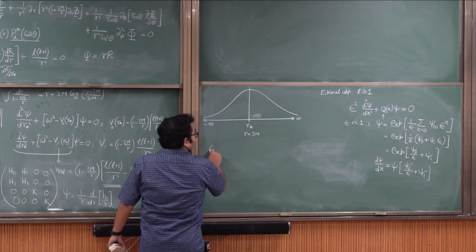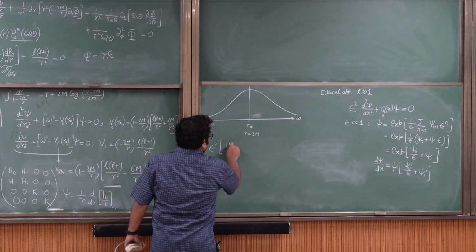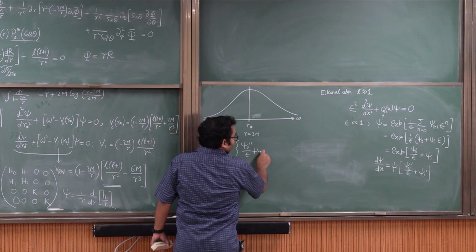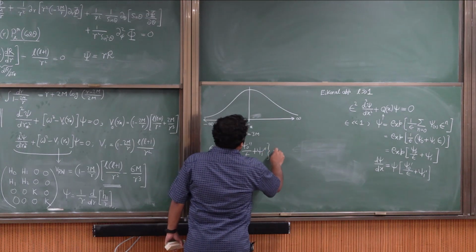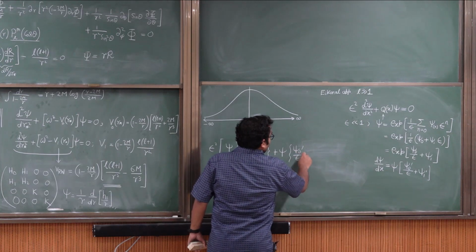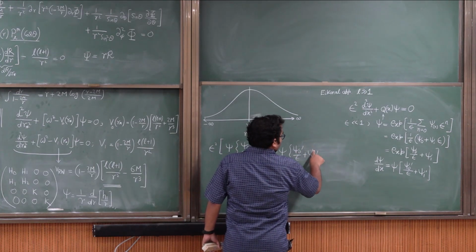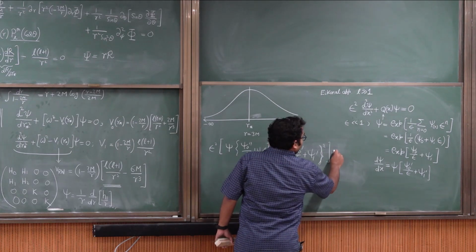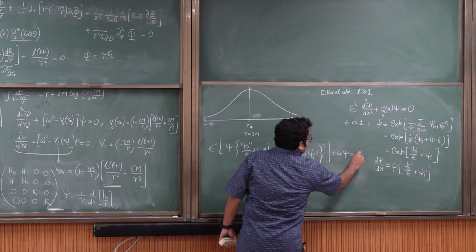So let me write it here. It is epsilon square psi into psi 0 double prime by epsilon plus psi 1 double prime, then I have psi into psi 0 prime by epsilon plus psi 1 prime square, and finally I have q into psi equal to 0.